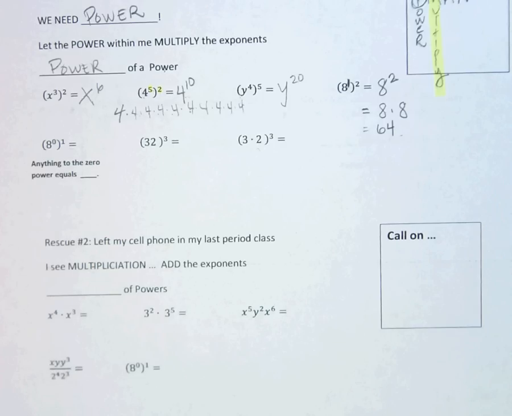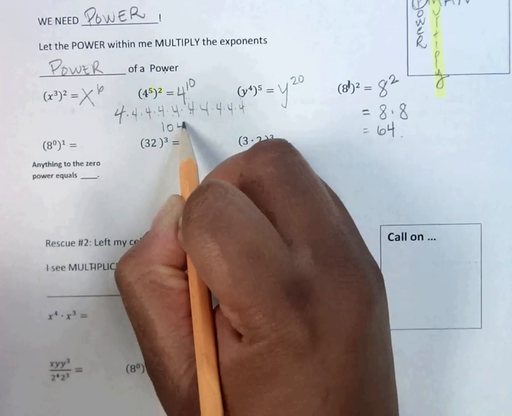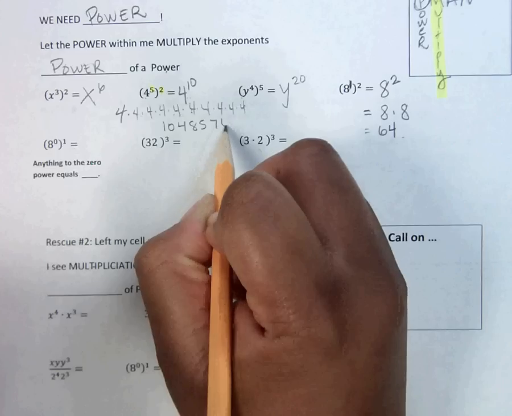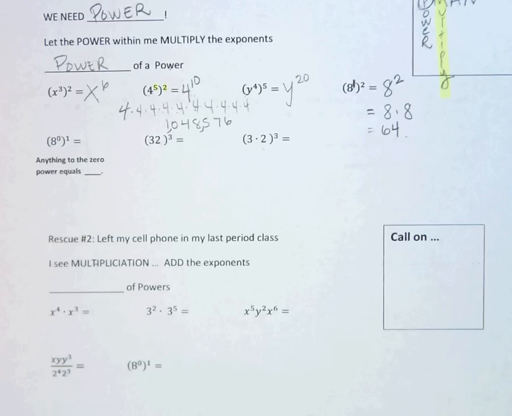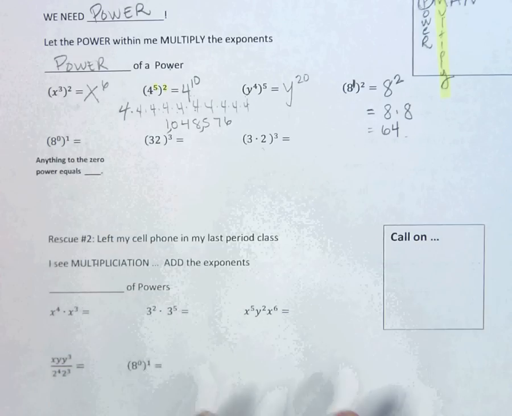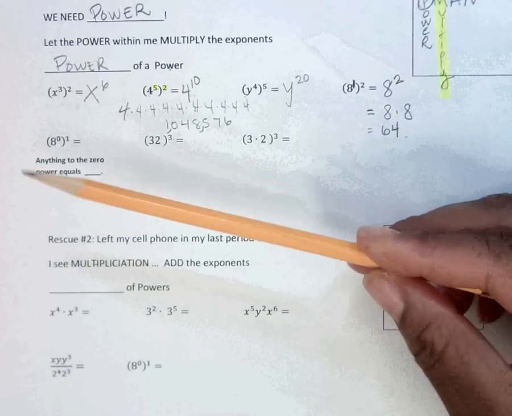I am moving a little fast, sorry. And now that is a really big number. So we're not doing 4 times 10, guys. We're actually doing 4 raised to the 10th power, which is 1,048,576. Whoa, I know.